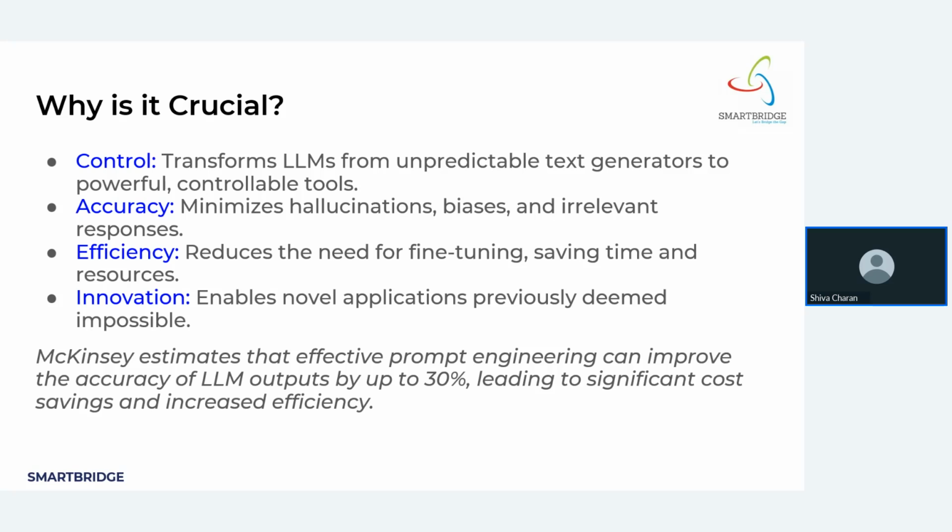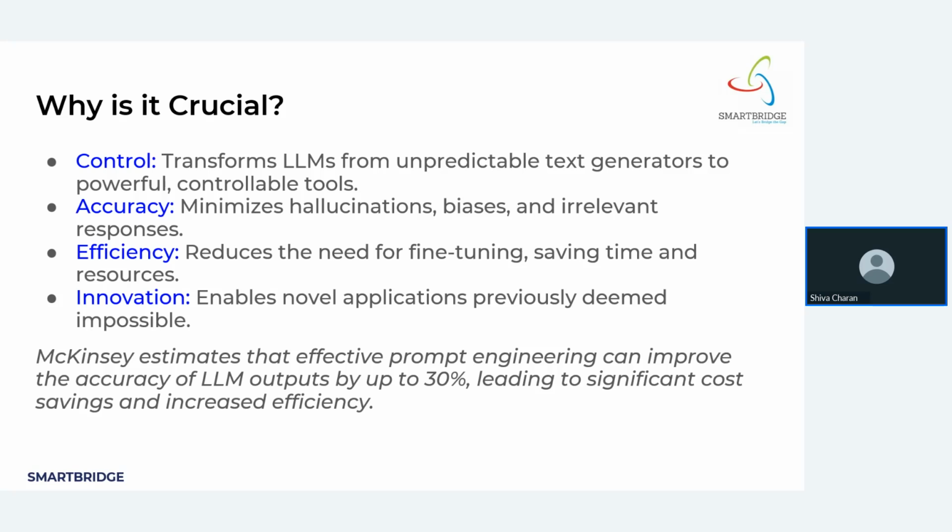It will minimize hallucination. Hallucination means that sometimes, if you ask a query, the LLM will hallucinate and generate irrelevant content. It will be hallucinating on that particular topic and generating lots and lots of irrelevant data.